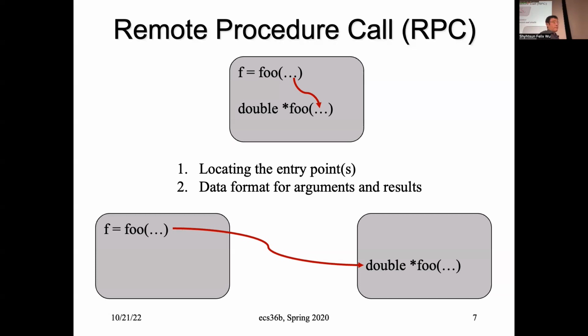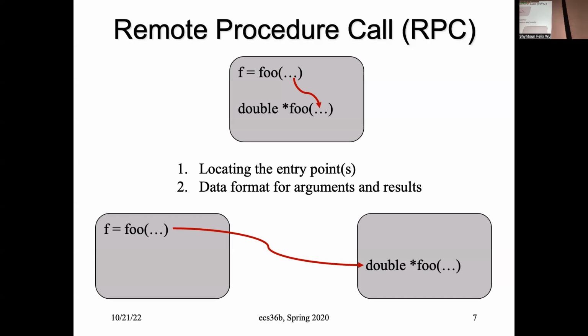You have the JSON library, the C++ library, and all the object files, and the linker links them together into one executable and puts it in the nice memory map that I showed you the other day. That is called the regular procedure call, because you're calling a function that either you wrote or the library wrote.